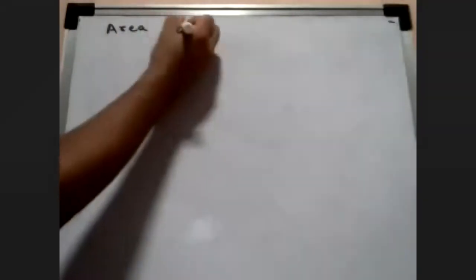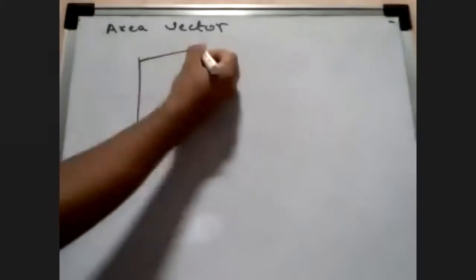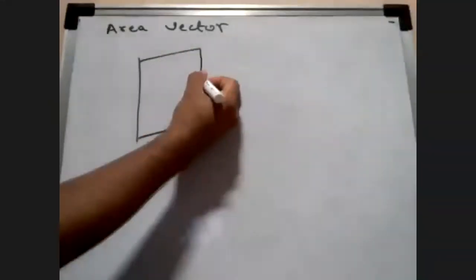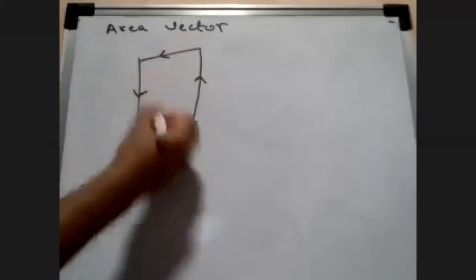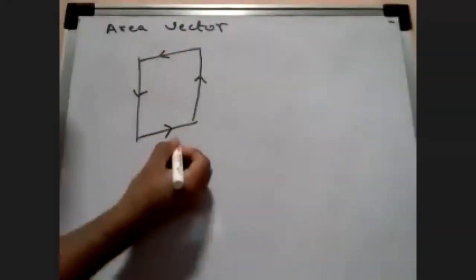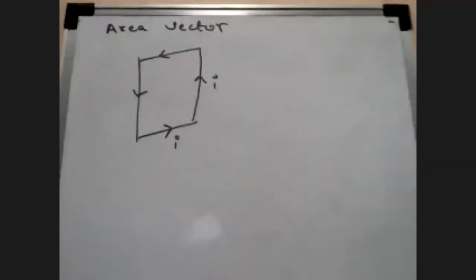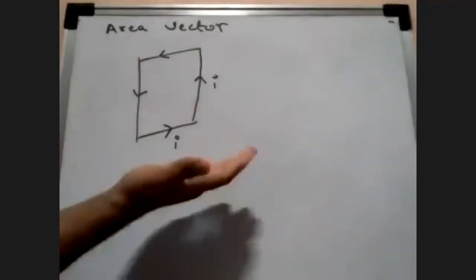There is absolutely no response. Yes, sir. Okay. So area vector, I told you, area vector. When we come to area vector, students, I told you that if there is a loop like this, and this loop is having some direction like this, and it is having some current like this in this anti-clockwise direction, then simply to find out the area vector of a loop, take your right hand and curl your fingers around the current direction.